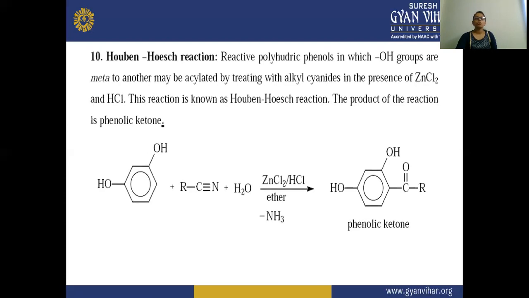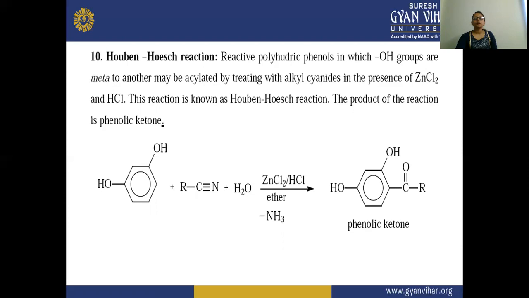Next is your Houben-Hoesch reaction. In this reaction, a reactive polyhydric phenol in which OH groups are meta to one another may be acylated by treating with alkyl cyanide in the presence of zinc chloride and HCl. So here the reactive polyhydric phenol means OH groups are attached at the meta positions of the phenol.